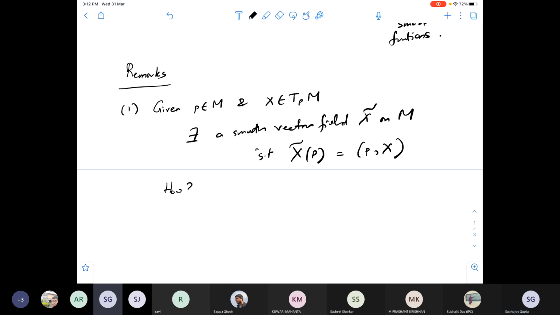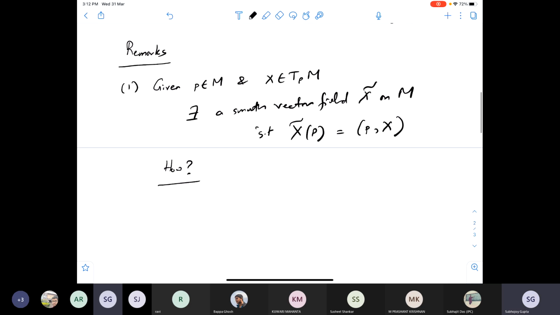Well, you use a bump function. Let (U, phi) be a chart around P. Maybe I should have written x1 to xn here.